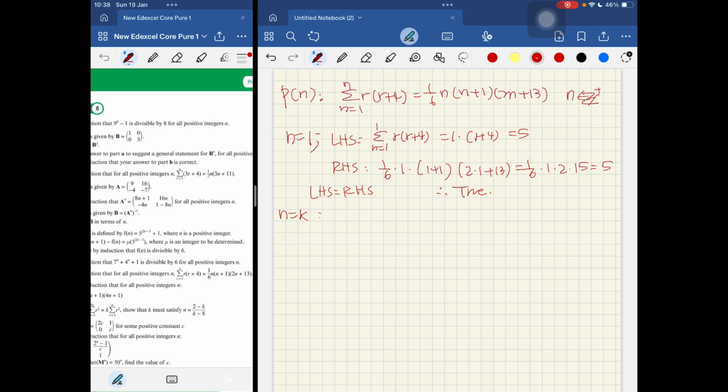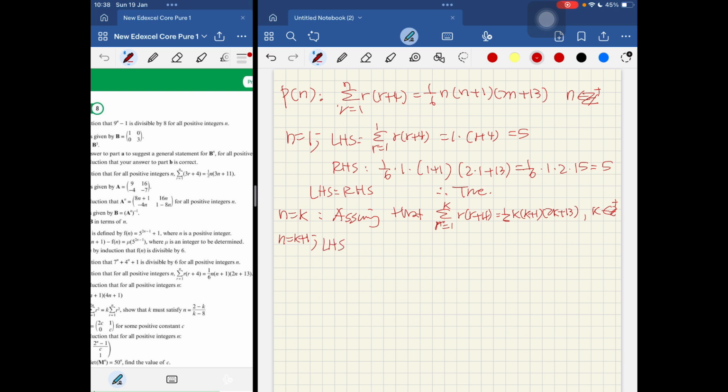For n equals k, assumption: assuming that the sum from r equals 1 to k of r(r plus 4) becomes 1 over 6 k(k plus 1)(2k plus 13), where k is in Z plus. The next step, k plus 1.